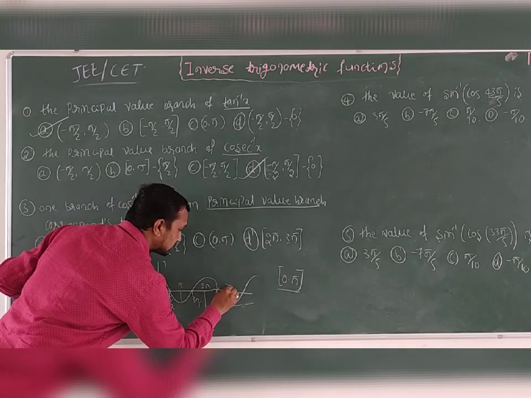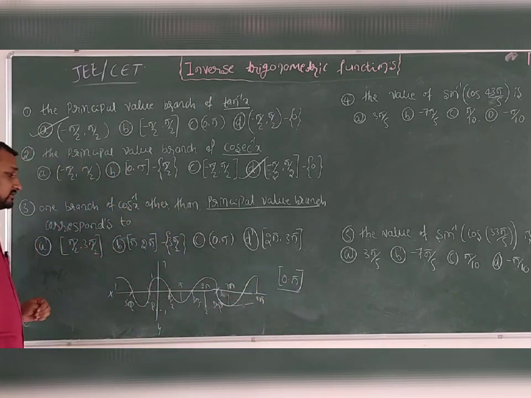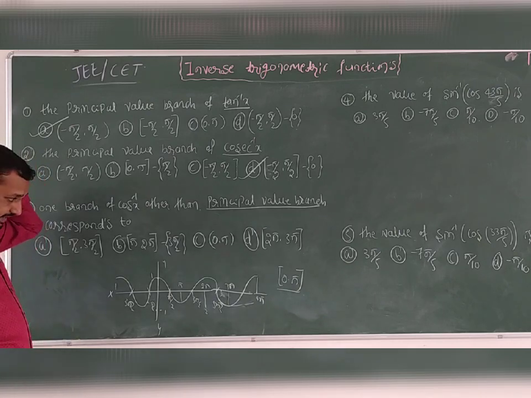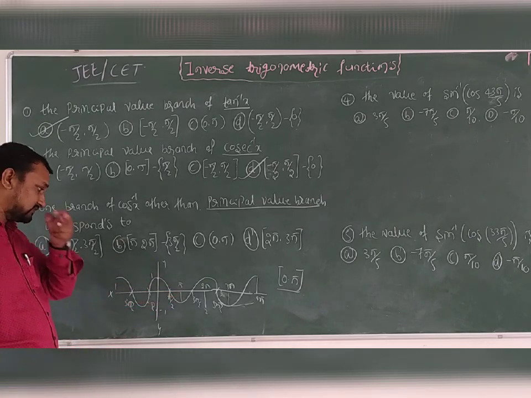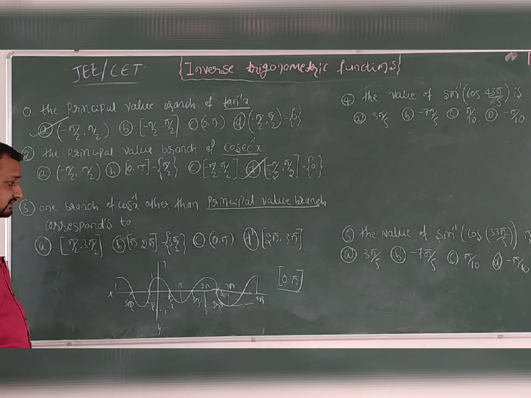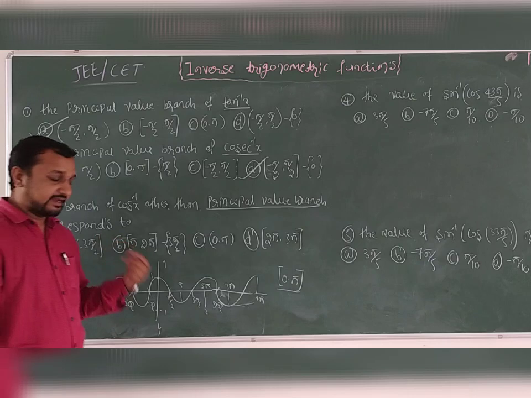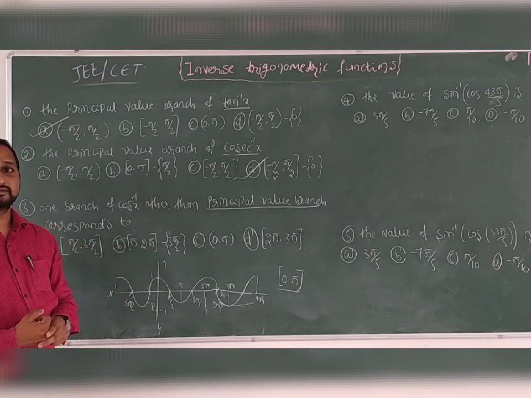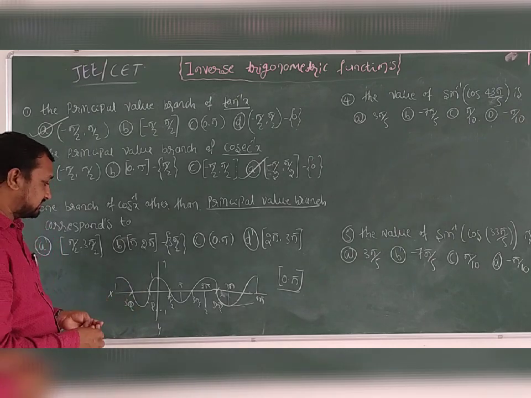So this is 3 pi, this is 4 pi. Okay, this is 2 pi and 4 pi. So cos pi is minus 1. At integral multiples of pi by 2, the value of cos will be 0. Okay, so interchanging the value of this one.